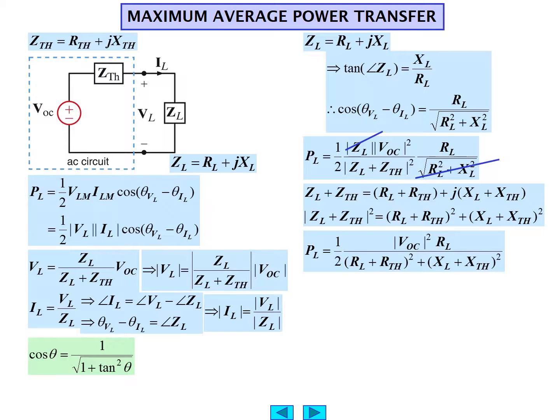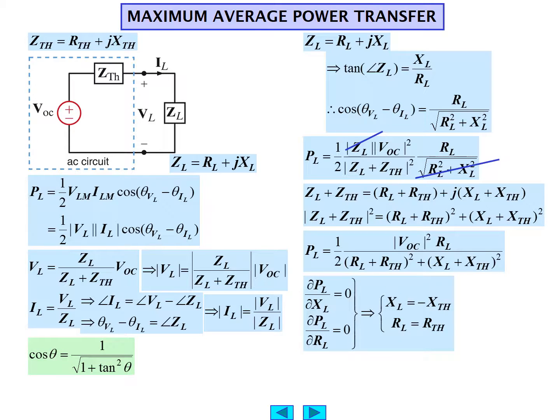Substitution of those particular components into the calculation of the load power P sub L gives us 1/2 the open circuit voltage squared times R sub L, divided by essentially that same term as a denominator: the quantity R sub L plus RTH squared plus the quantity X sub L plus XTH squared.